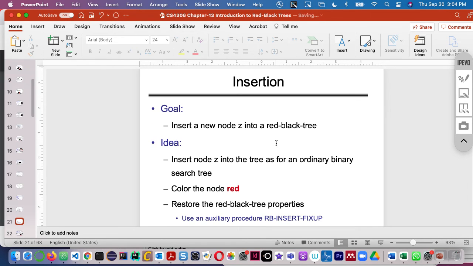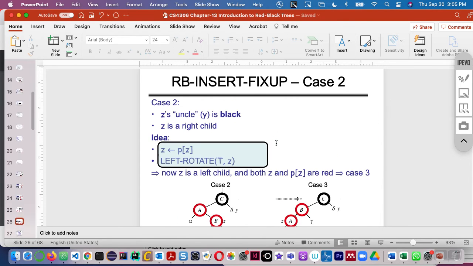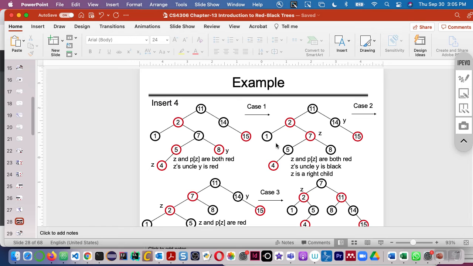Okay, the insertion operation of a red black too many slides. Let me see which slide is.